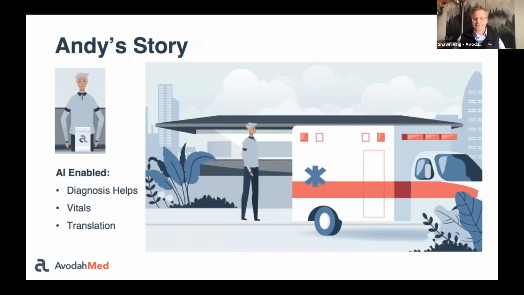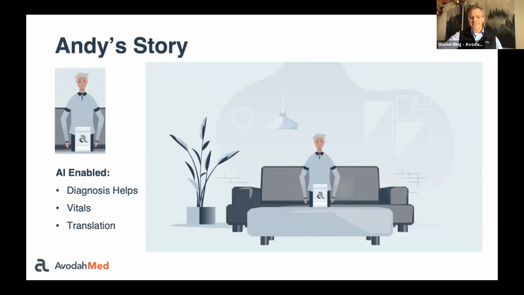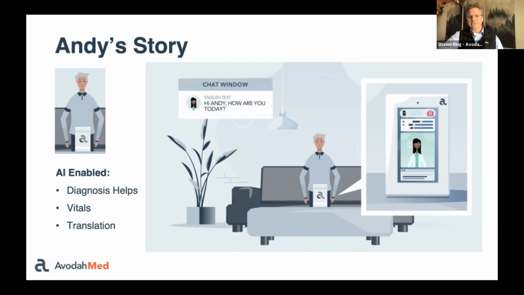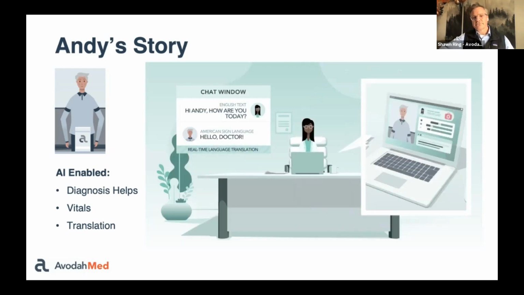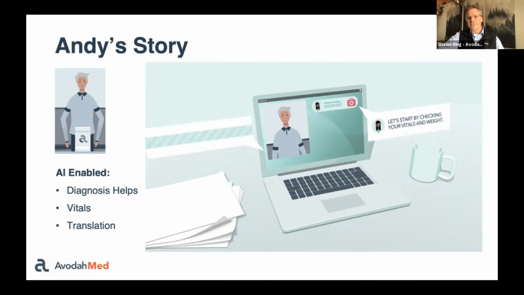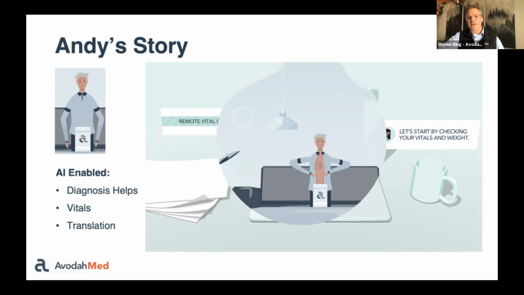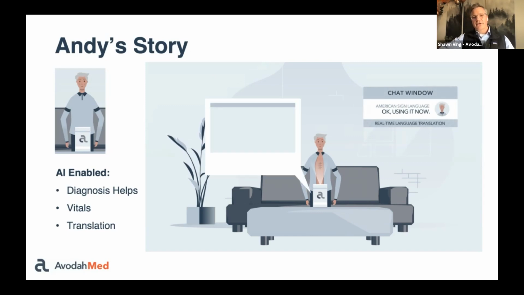Andy has congestive heart failure and is home from the hospital after surgery. Using Avoda Med technology, he is empowered to track his health in one place. Andy's primary care physician can provide better care for him by empowering Andy to check his vitals from home regularly. Using the camera on Andy's device, his doctor is also able to monitor how the incision is healing.